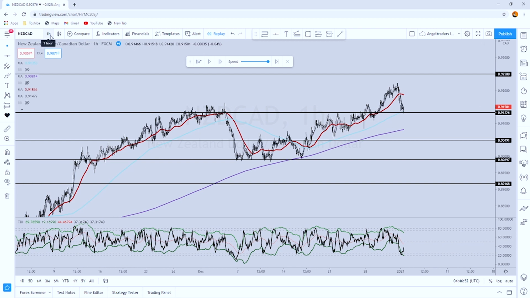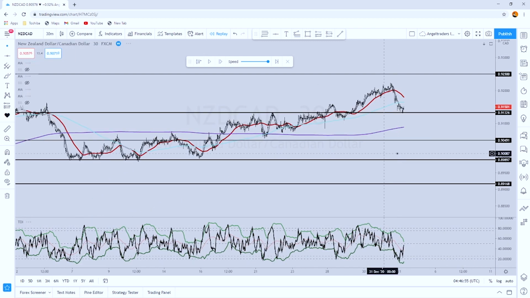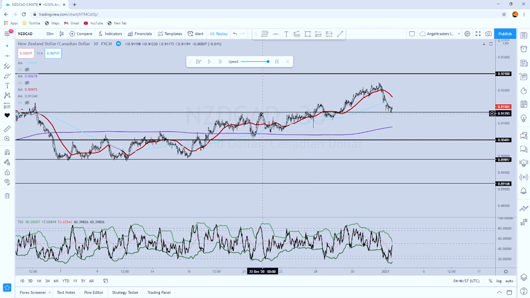Now, since we have the 1 hour marked off, I'm going to go to the 30-minute chart. Again, you can see this clear resistance. We rallied above that resistance level, and now that resistance turned into a support. So if you're grabbing anything out of this video, notice how I'm marking up my support and resistance lines, but most of all, notice the resistance turned support and support turned resistance, because in these types of moves, you're going to find so many potential moves that I'm going to teach you how to trade properly.